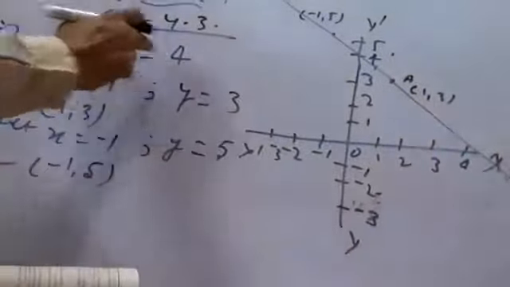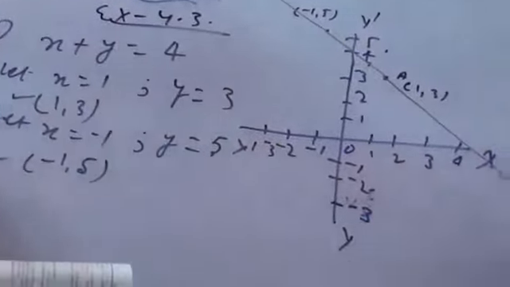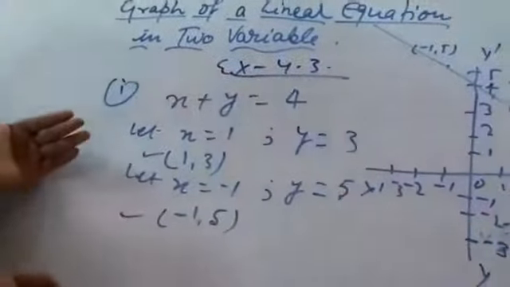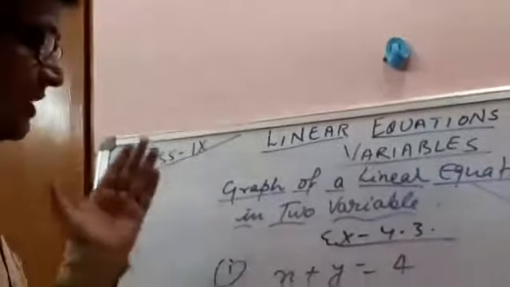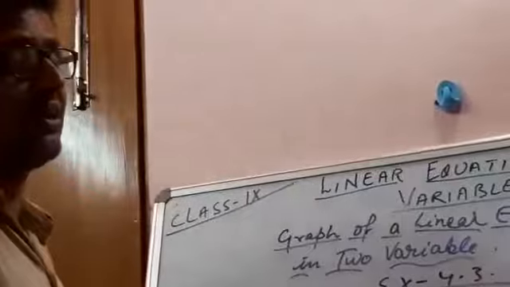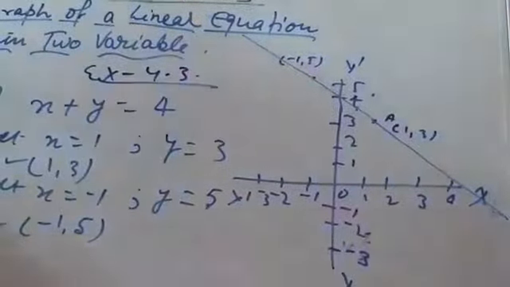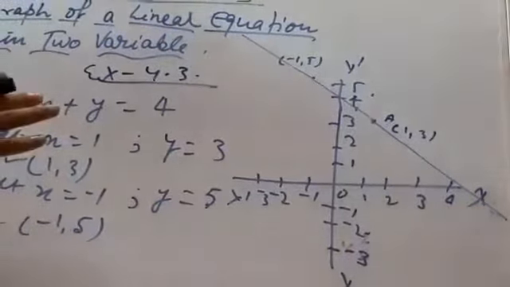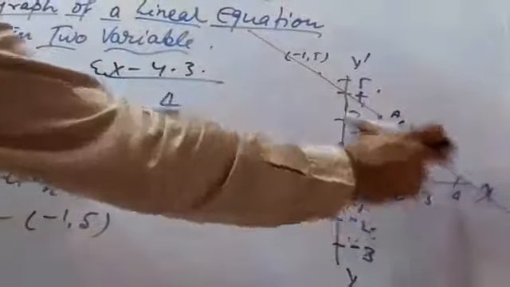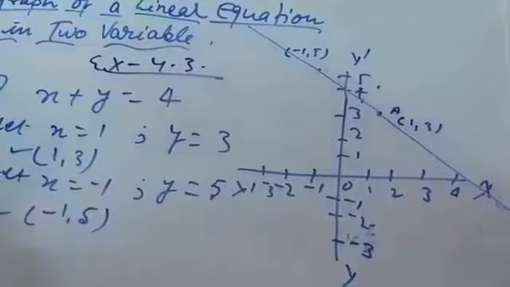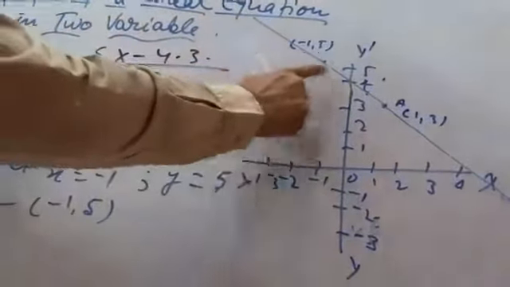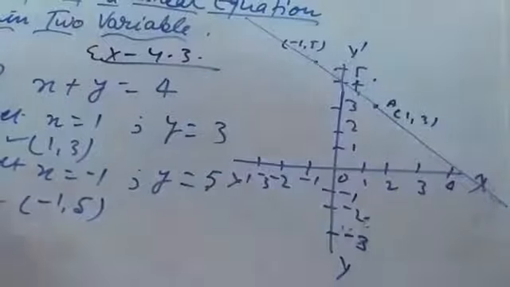The equation x + y = 4, as I have given you examples, has infinitely many solutions. Through this line it can be justified. To convince you, on this line we have only 2 coordinates: one is (-1, 5), another is (1, 3).